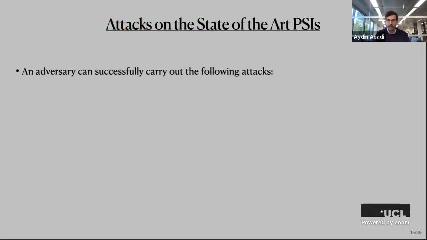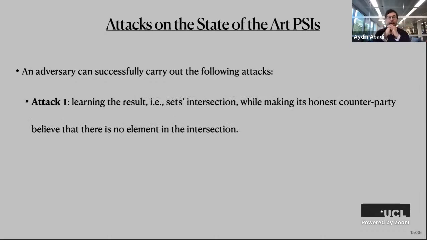So I'm going to briefly talk about these 3 attacks now, then I'm going to explain each attack in more detail. Attack 1, the adversary can learn correct results without letting its counterparty learn the correct result. So it makes its counterparty, the victim, believe that there's no element in the intersection.